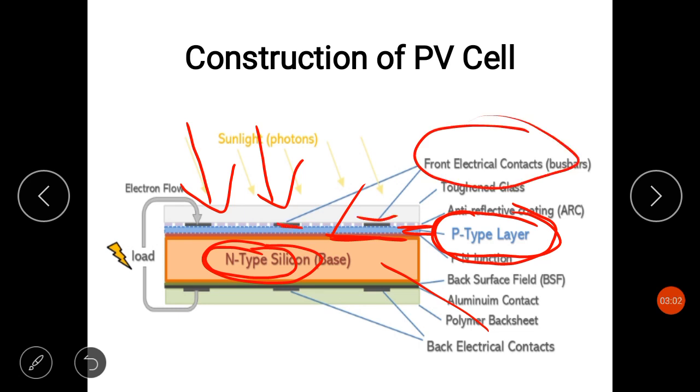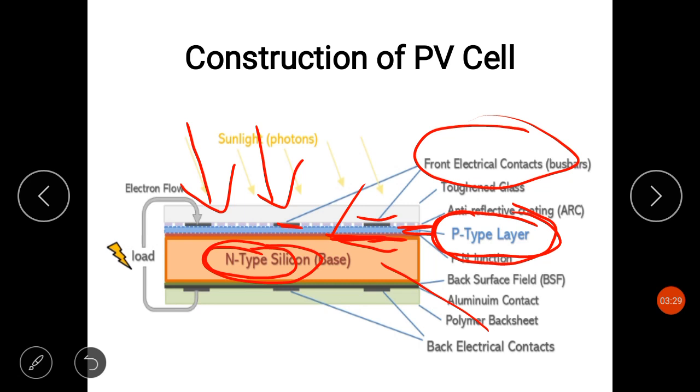These electrodes do not obstruct light from reaching the thin p-type layer. Just below the p-type layer there is the p-n junction, as I have already discussed, that is the interface of the p-type semiconductor and n-type semiconductor.